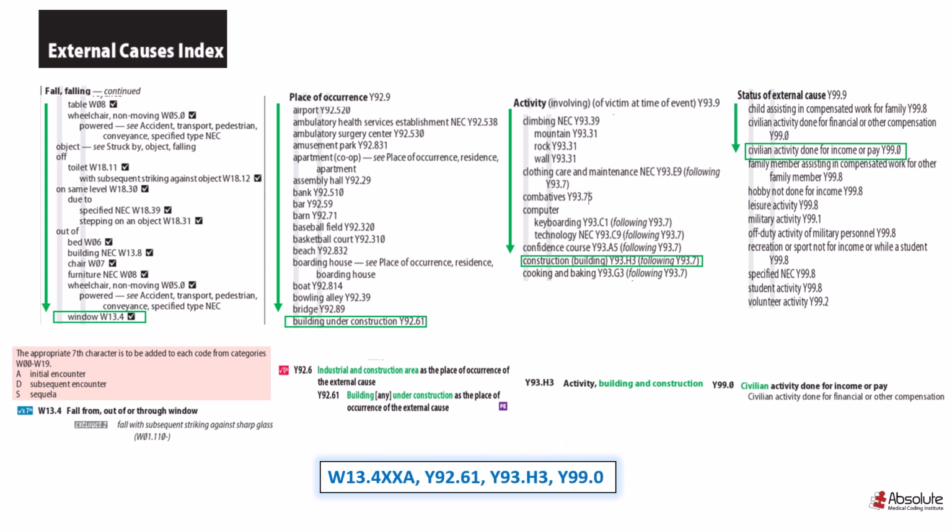And your final answer would be W13.4 XXA, Y92.61, Y93.H3, and Y99.0. Outstanding job coders. Now let's move on to the next scenario.